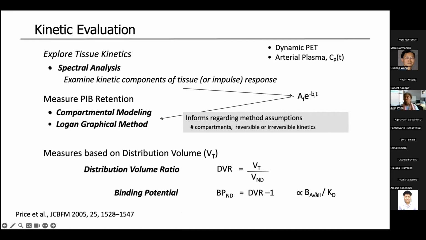And it's proportional to Bavail divided by KD. The difference between Bavail and Bmax is that in vivo, some of the proteins are occupied by endogenous ligands. So we always try to remind ourselves of that for receptor work.